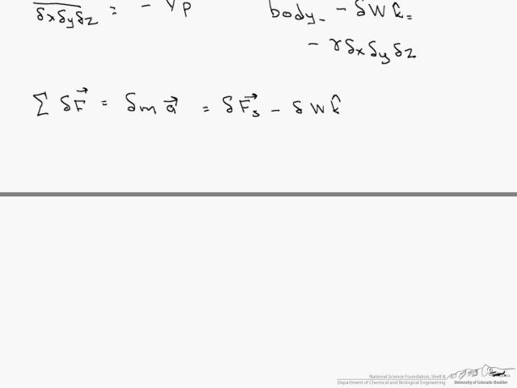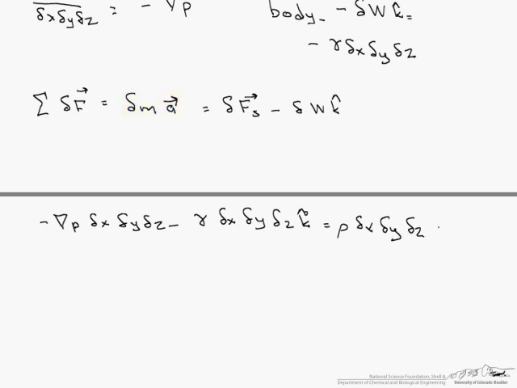When we put this all together and simplify it, minus del p times our differential volume minus our specific weight times our differential volume in the k direction equals, and now we change this mass into rho dx dy dz times acceleration.